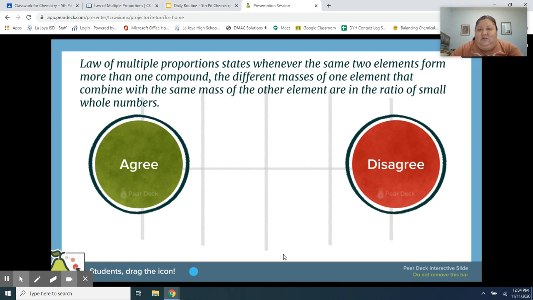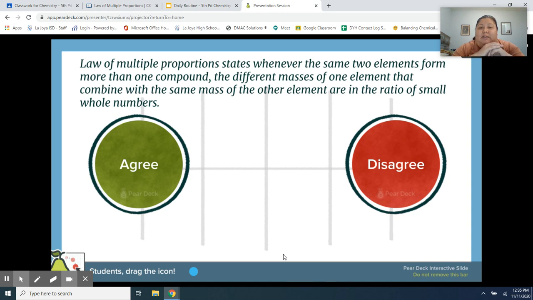Okay, now, is this statement correct? You agree? Or is this statement incorrect? You disagree? The law of multiple proportions states, whenever the same two elements form more than one compound, the different masses of one element that combine with the same mass of the other element are in a ratio of small whole numbers.